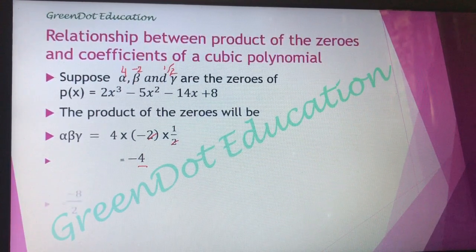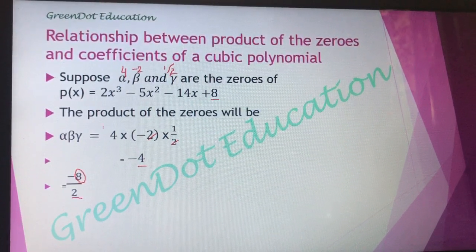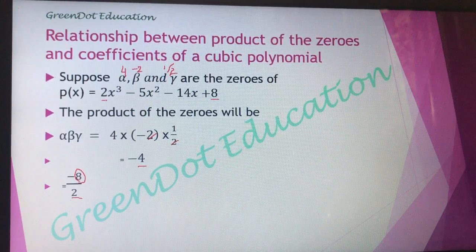This -4 could also be written as -8 divided by 2. So when dividing -8 by 2, we get -4. Now here, what is 8? 8 is the constant term of the cubic polynomial. And what is 2? 2 is the coefficient of x cube.